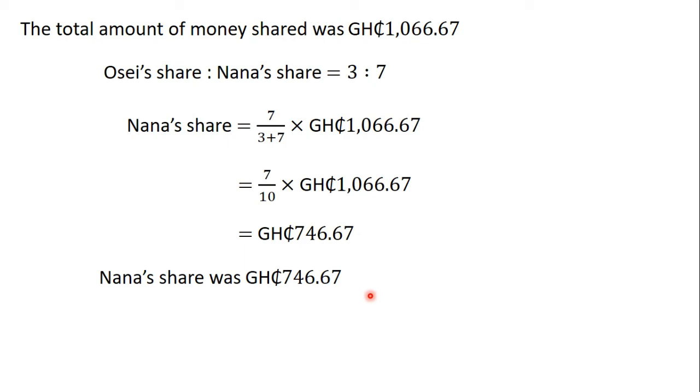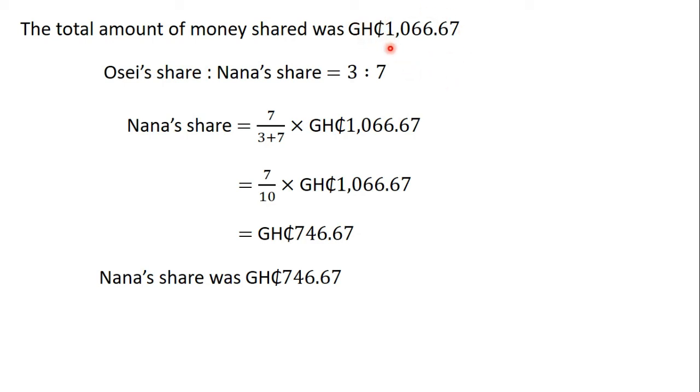This is one way of finding Nana's share of the money. We can use another method. We know that the amount of money was shared between Osei and Nana. Osei had 320 Ghana cedis. We have found the total amount of money that was shared to be 1,066 Ghana cedis, 67 pesewas. So to find Nana's share, we can simply subtract Osei's share from the total amount of money that was shared.